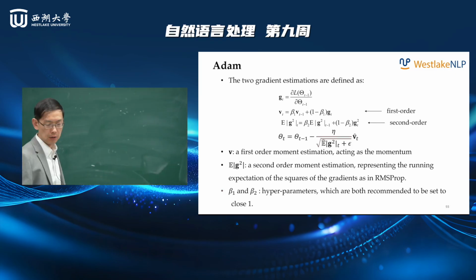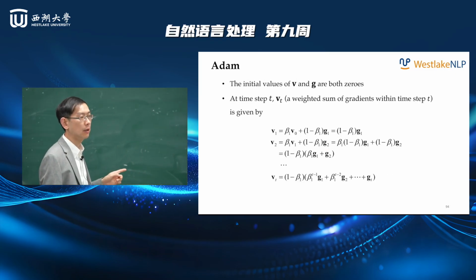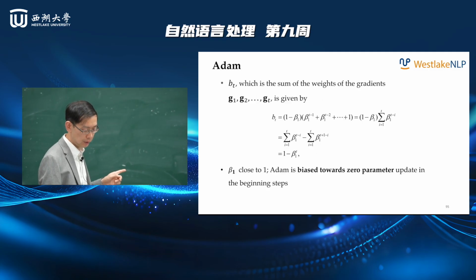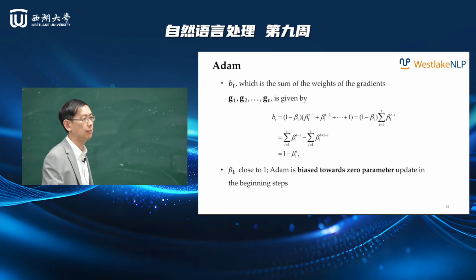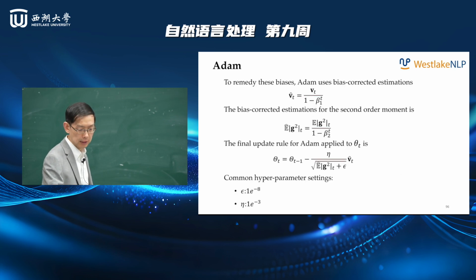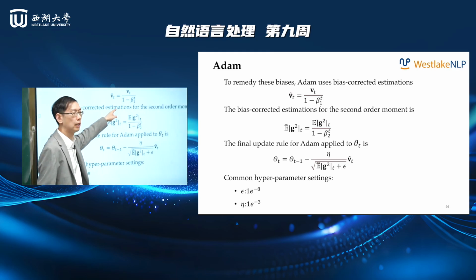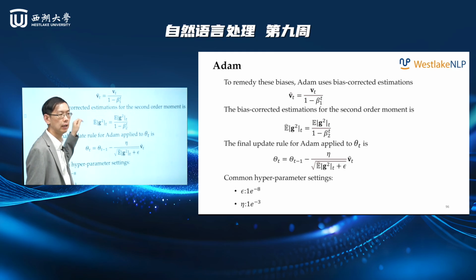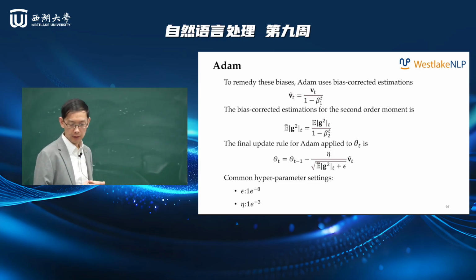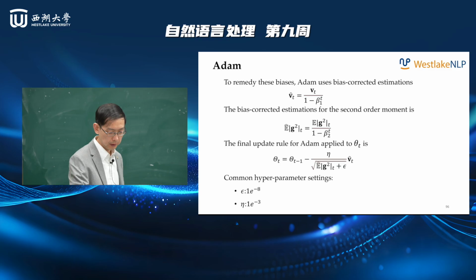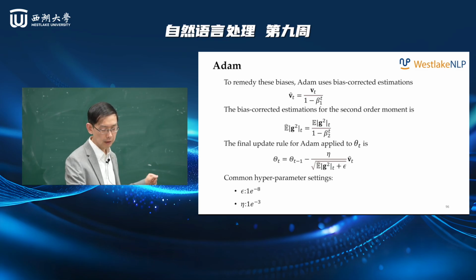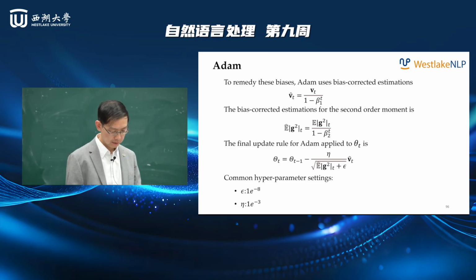So a simple analysis, which I don't have time to show you here, shows that if beta 1 is close to 1, then Adam is biased towards 0 parameter update in the beginning. As a result, I fixed the equation a little bit by dividing this V accumulation by 1 minus beta 1 to the power of t. And also, I divide RMS by 1 minus beta 2 to the power of t.